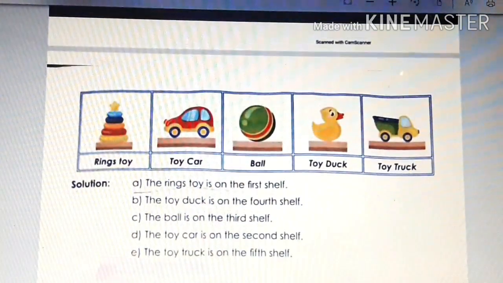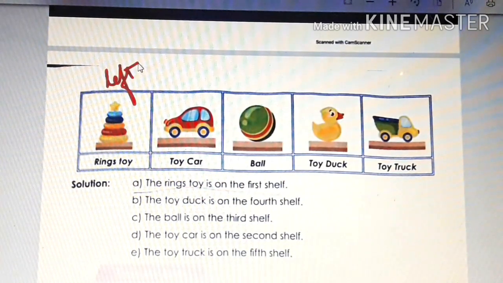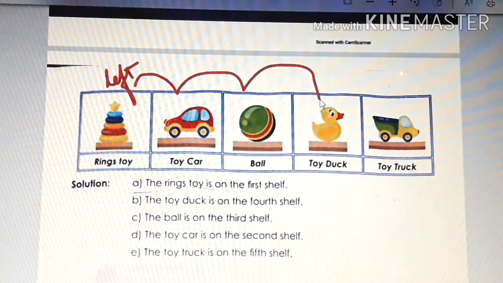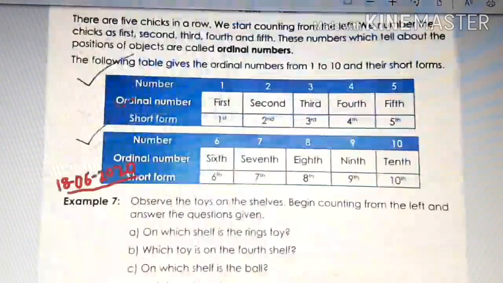Okay, is it clear? This is the left side. We'll start counting from the left. First comes ring toys. Then comes toy car, ball, toy duck, toy truck. Clear? So let's answer the questions, children.